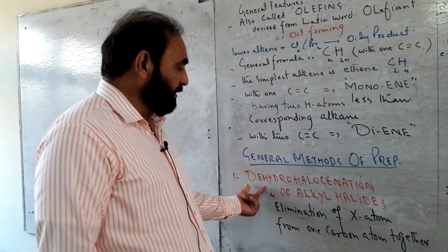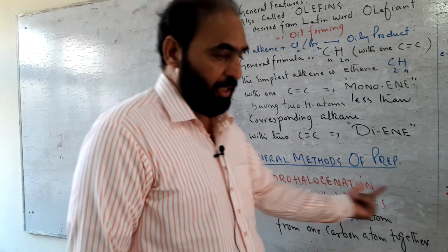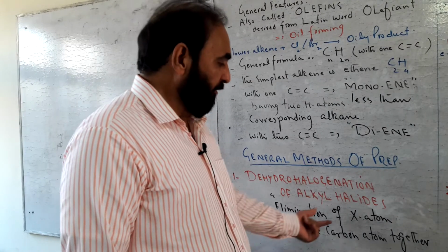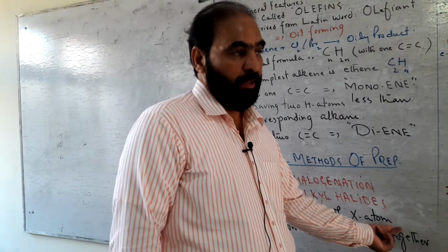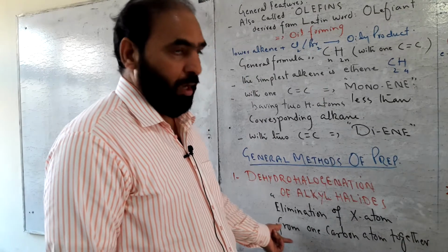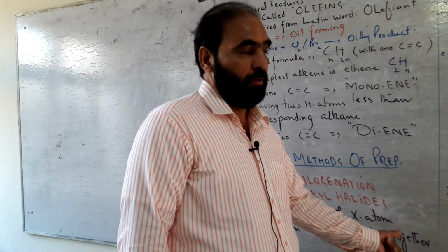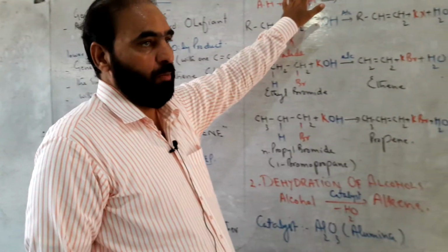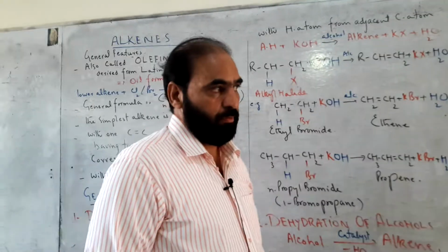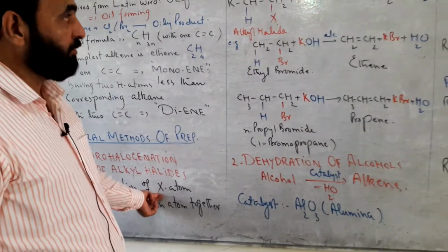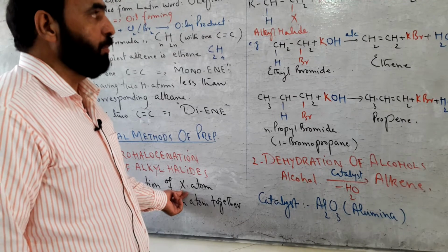So first of all, let us define dehydrohalogenation. It is an elimination process in which a halogen atom is removed from one carbon atom together with a hydrogen atom from the adjacent carbon atom. Halogen stands for chlorine or bromine.